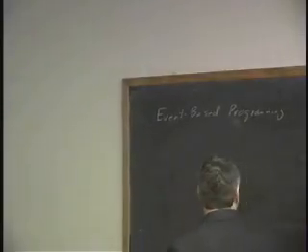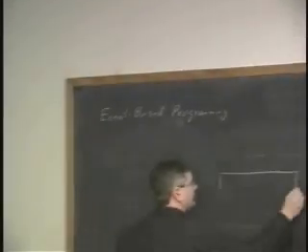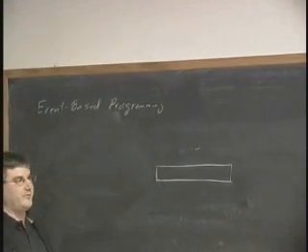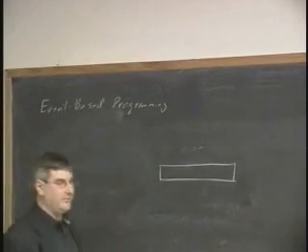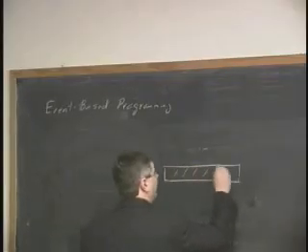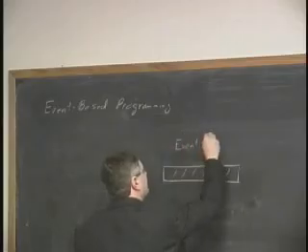OK, so here's the basic idea. It's all the same, and it involves a data structure that you have to know is there, and know what it's trying to do, but not worry about any of the implementation details because it's hidden from you. It's something called an event queue.